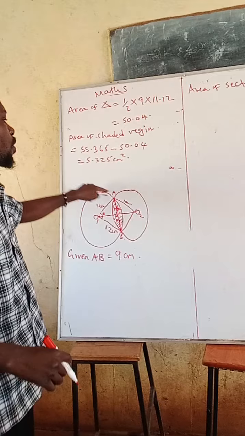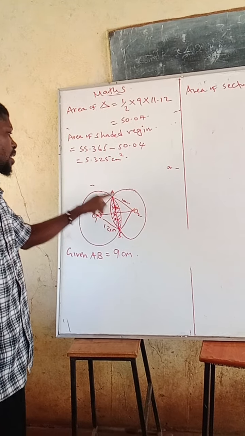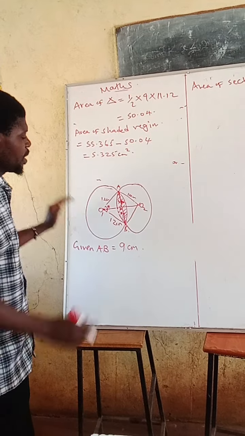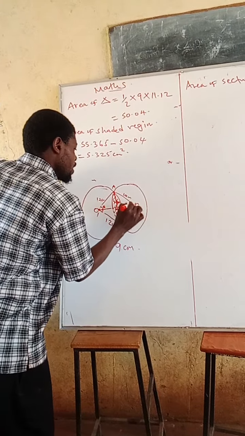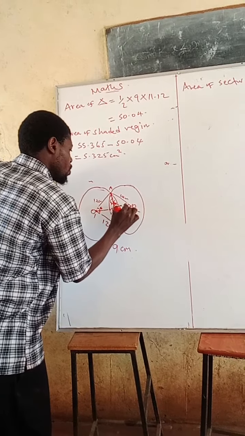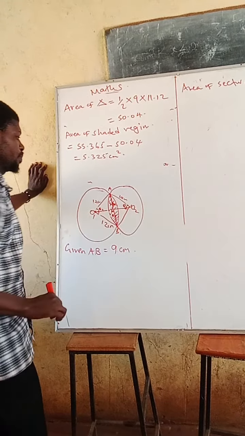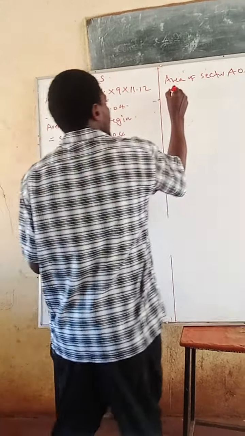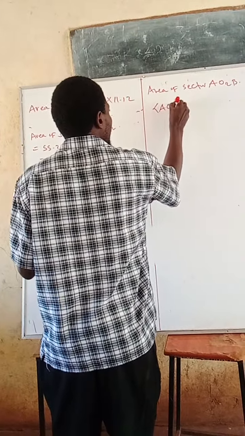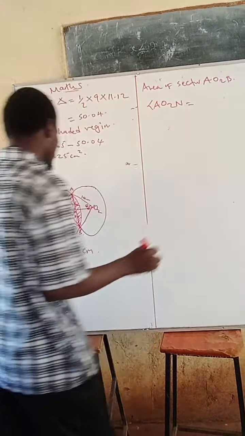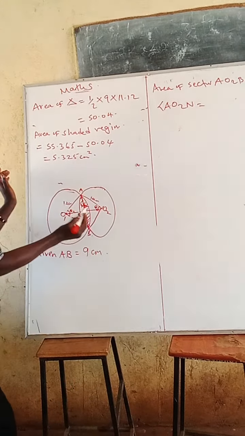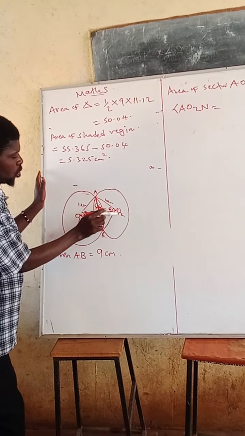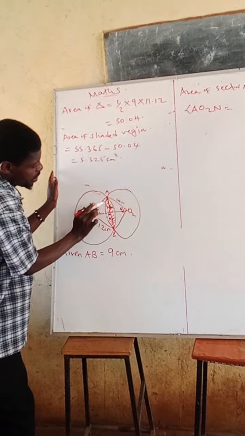This sector has a radius of 10 centimeters. This distance is 4.5. For us to get the area, we must first calculate this angle, theta 2. Take the same triangle ANO2.